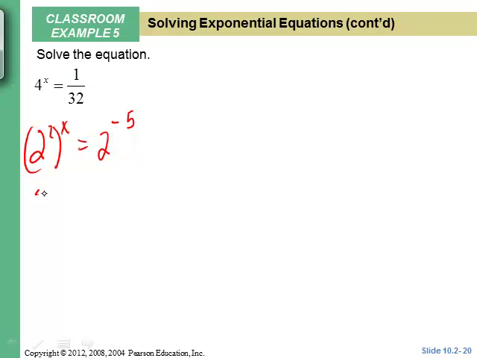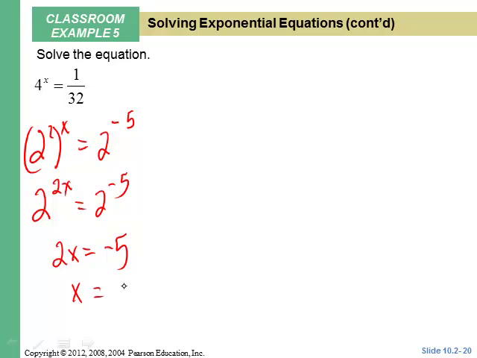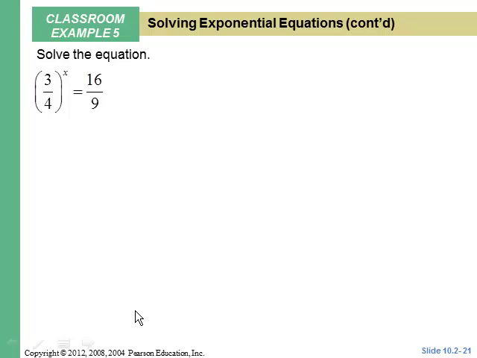So we have 2 to the 2x equals 2 to the negative fifth, 2x equals negative 5, x equals negative 5 halves.